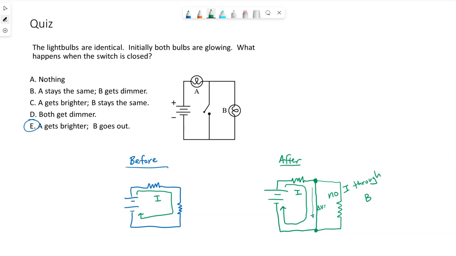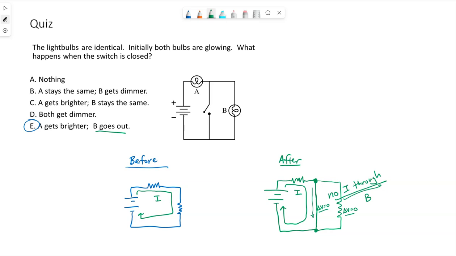So its delta V would be 0. The delta V for light bulb B has to be 0 as well, because this wire is in parallel with light bulb B. Therefore, they must have the same delta V. The only way for light bulb B to have a delta V of 0 is to have no current. So B goes out.